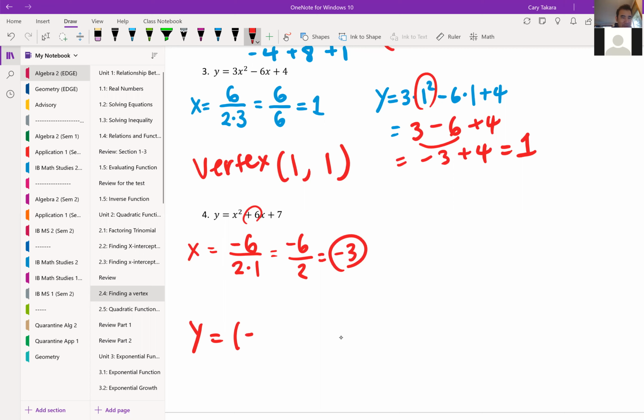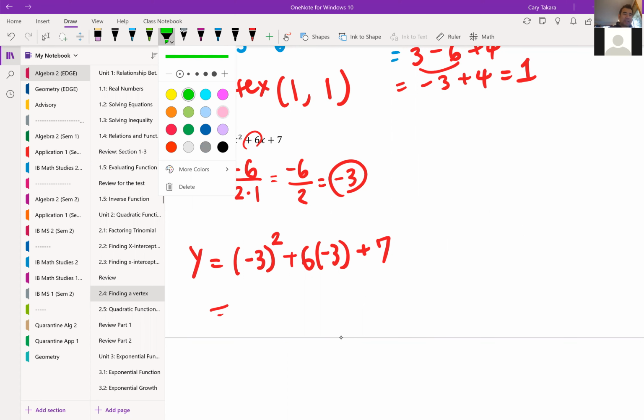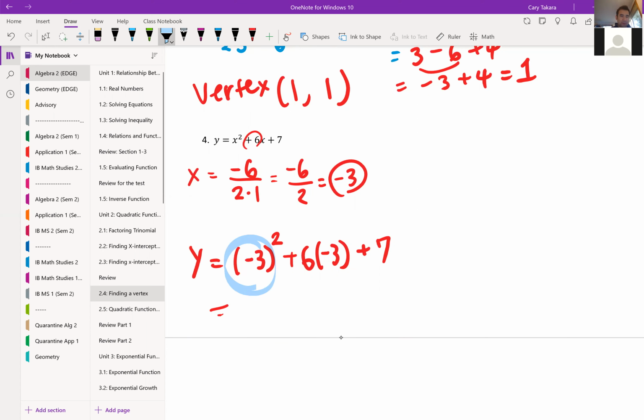Since we're plugging in a negative number, you're going to do negative 3 squared plus 6 times negative 3 plus 7. So negative 3 squared is positive 9.